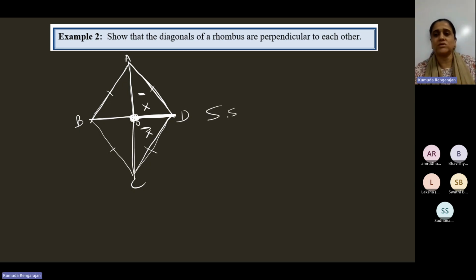So same SSS rule, the triangles are congruent. CPCT, angle 1 is equal to angle 2, but angle 1 plus 2 is equal to 180. So angle 1 plus 1 is equal to 180 because 1 and 2 are equal. So like that you will get angle 1 is 90 or 2 is 90. If this angle is 90 degrees, that means the diagonals are perpendicular to each other.